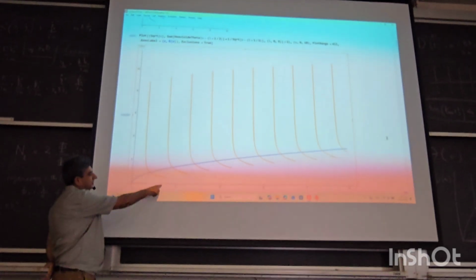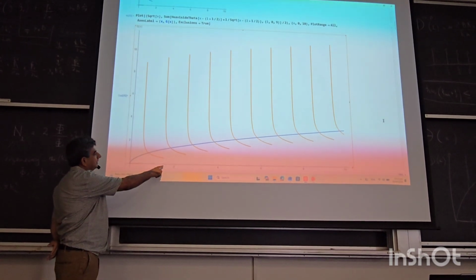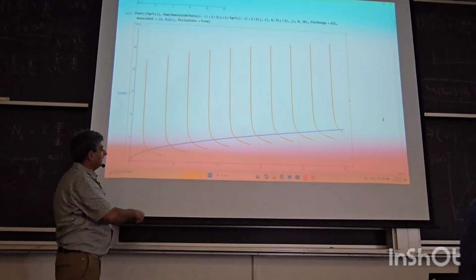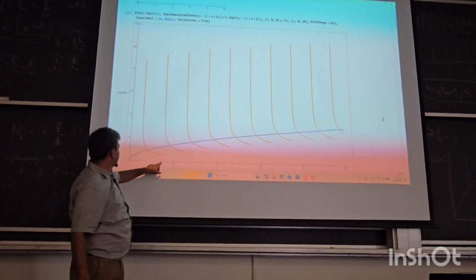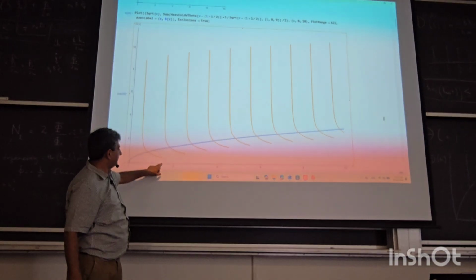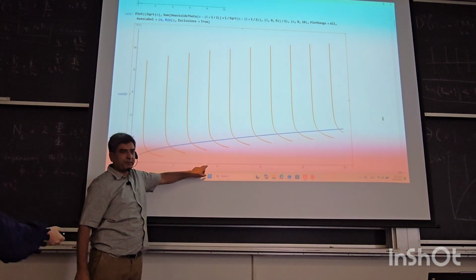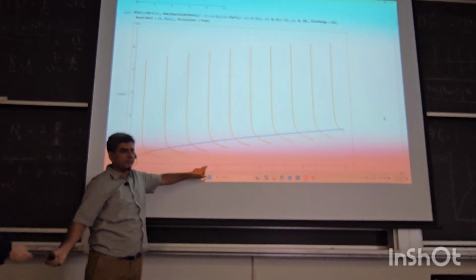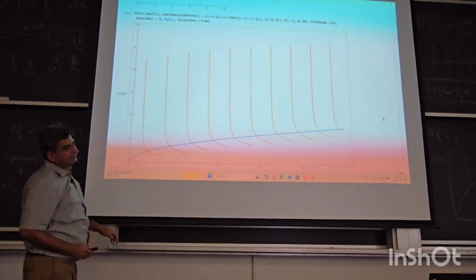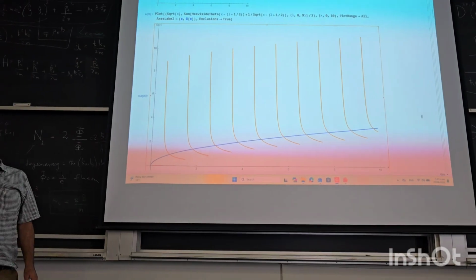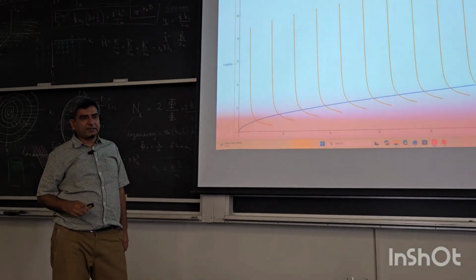Notice, this is happening at 1.5, 2.5, 3.5 and so on. Okay, so this is what the density of states looks like in the presence of a magnetic field.